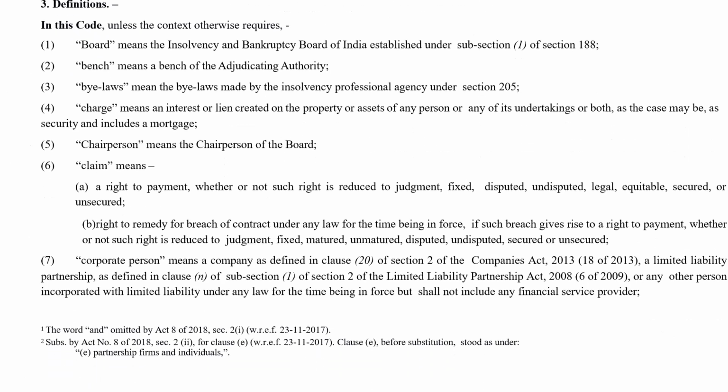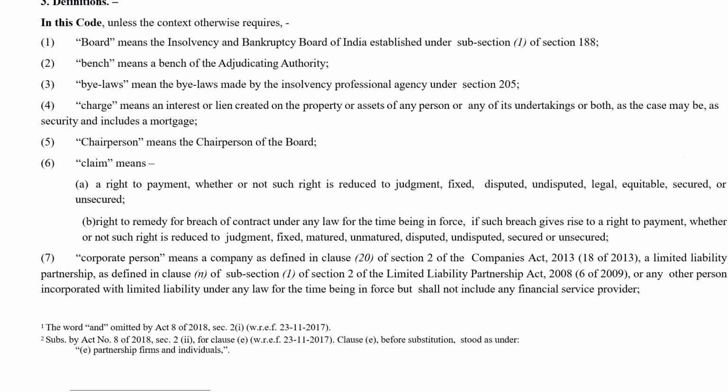Then right to remedy for breach of contract. Suppose there was a contract between 2 parties and one of the parties has breached the contract. And there is a remedy for that breach. And you have the right as a party. There are two parties, A and B. B has breached his part of the contract.